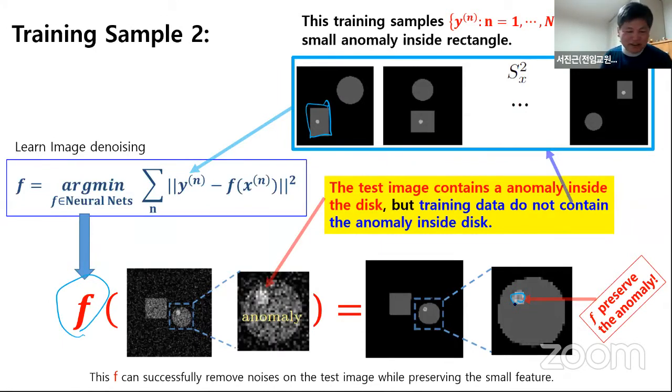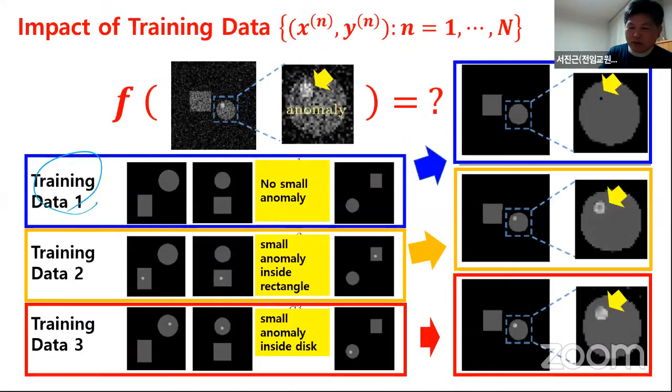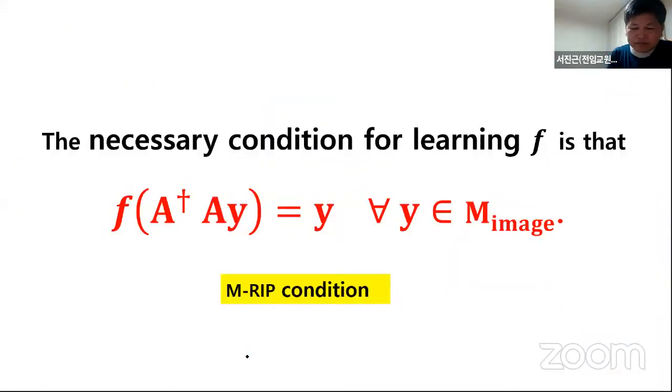You see, with training data 1, it completely removed the anomaly. With training data set 2, there is a small anomaly in the rectangle, and the disk also preserves that one. Here with this training data, obviously you can get a good result. So this shows the training data is very important to learn the function F.